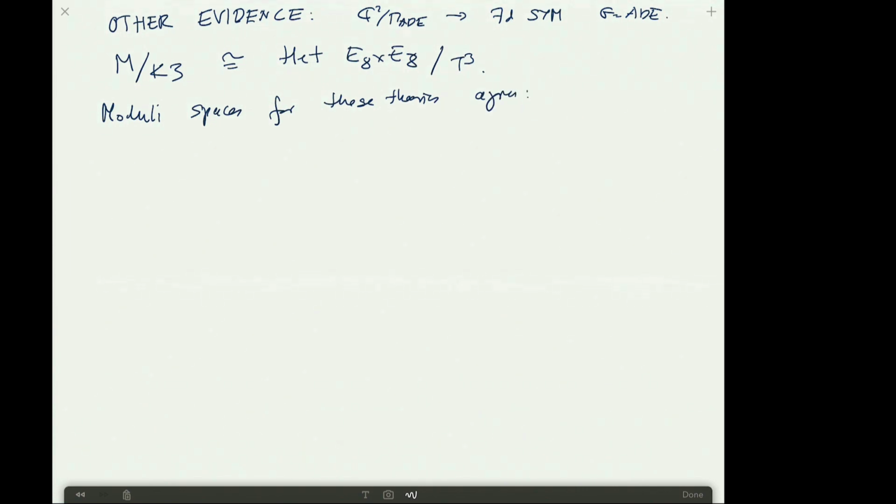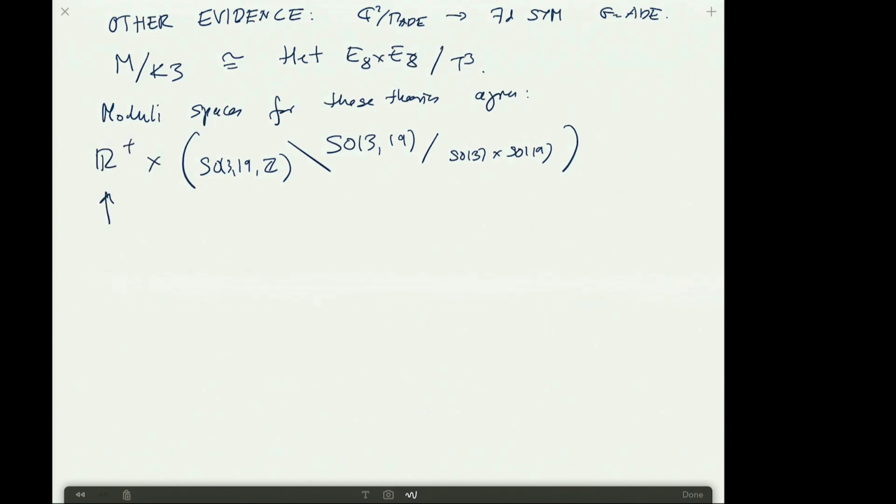On the one hand you have the heterotic string on T3. The moduli space is the Narain moduli space of this compactification on the torus, which is SO(3,19) mod SO(3) times SO(19), modulo the T-duality group SO(3,19;Z). And then there's also the string coupling.